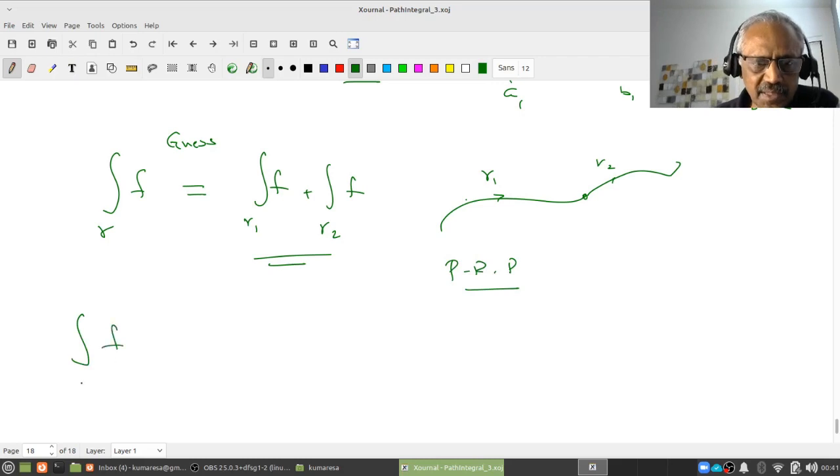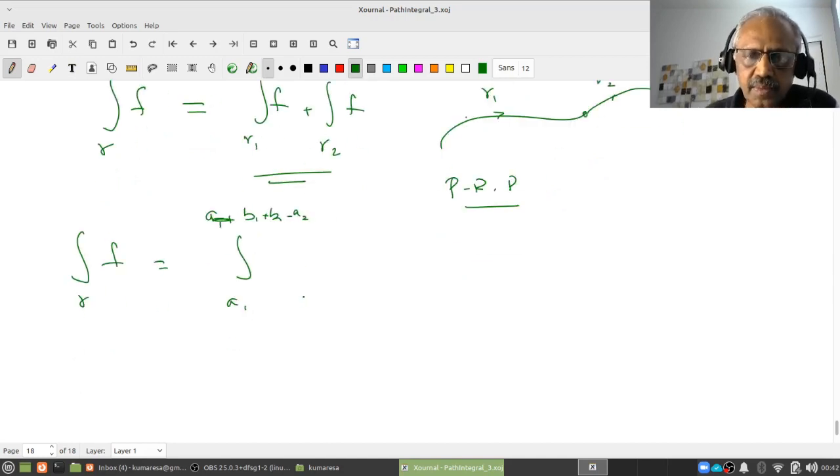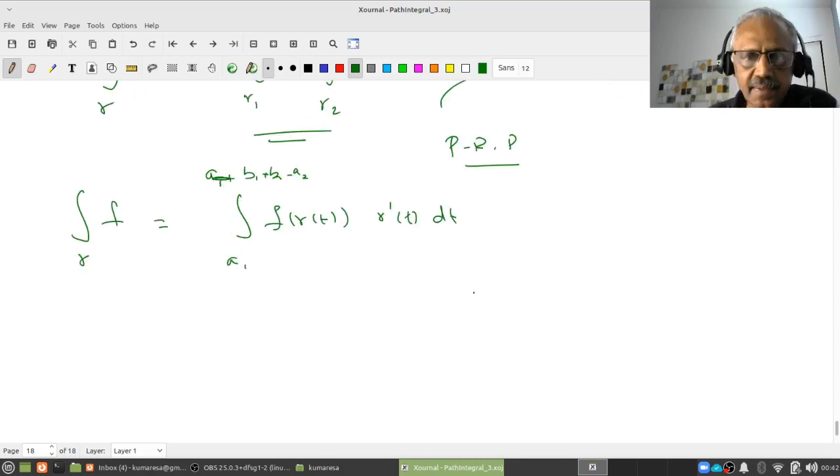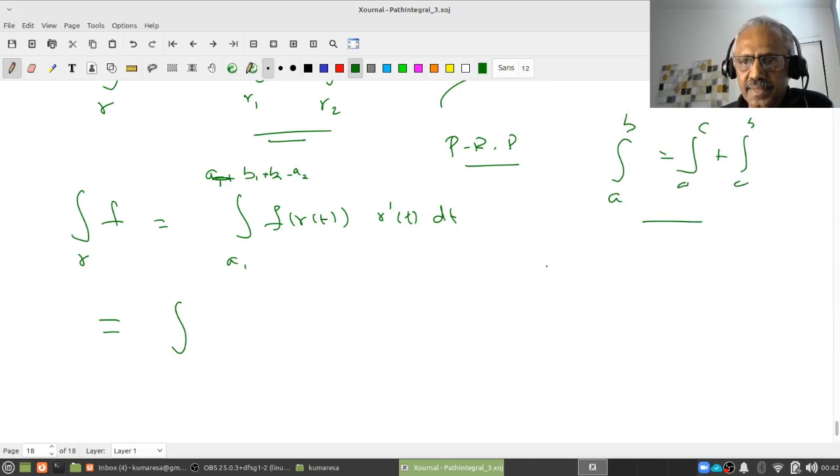It's very easy. Integral of f over gamma is integral from a1 to b1 plus b2 minus a2 of f of gamma t, gamma prime t dt. Is that okay? But this I can break into two parts. Remember, integral of a to b is integral of a to c plus integral of c to b, right? So I can use that.